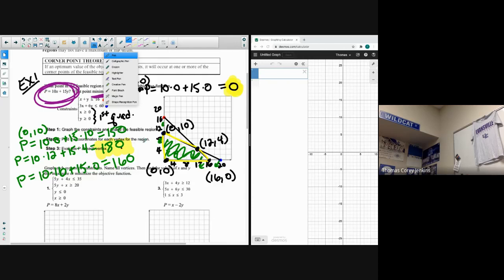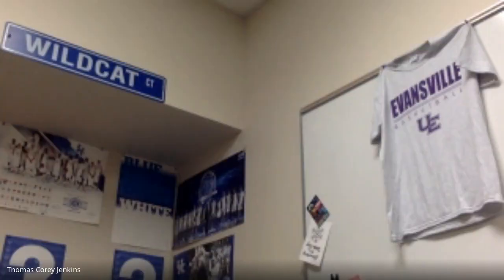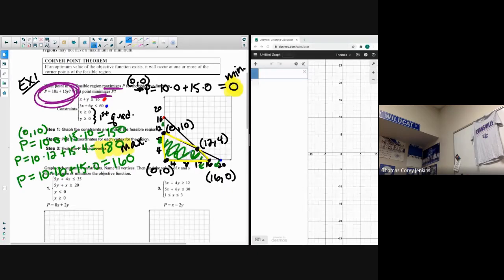Another way to say that is the point (12, 4) maximizes the objective function, and then (0, 0) minimizes the objective function. Everything else in the middle would not maximize or minimize; it would be somewhere in the middle. That's basically what we're doing. These would be pretty tough without technology, so on most of them, we will use Desmos.